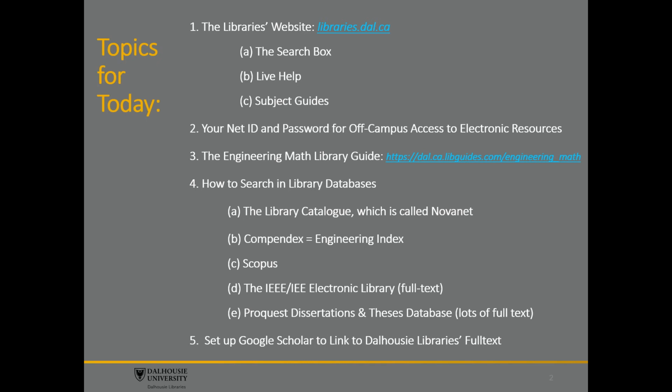Your net ID and password are the same as your email username and password, and they are essential for off-campus access to electronic resources. We will look at the Engineering Math Library Guide, which you can consider as one-stop shopping for access to those resources most important when researching in the field of engineering mathematics.